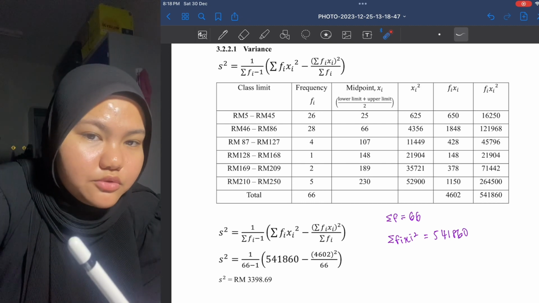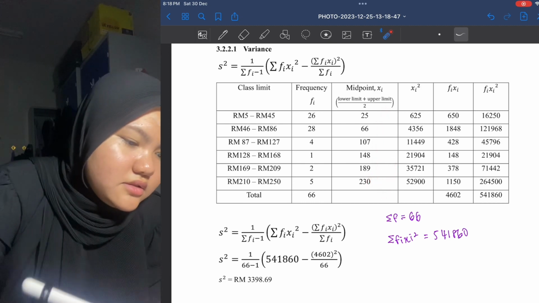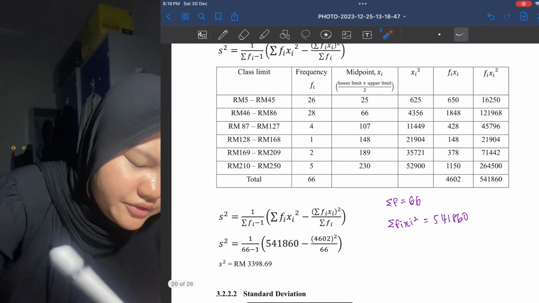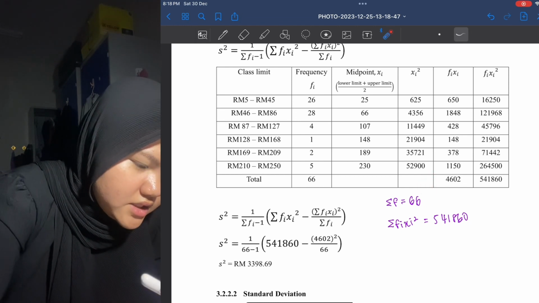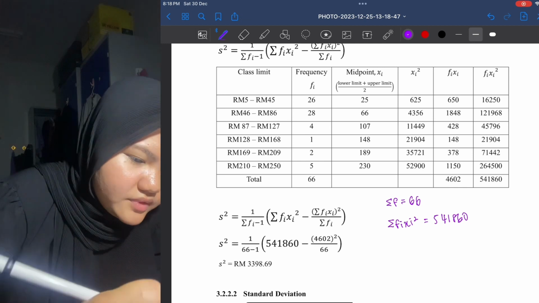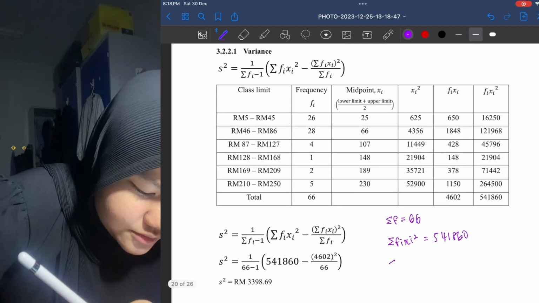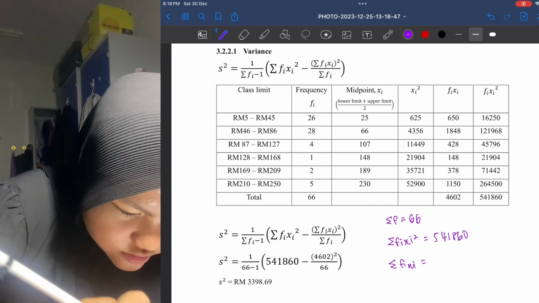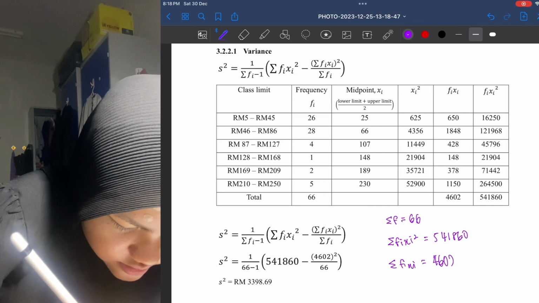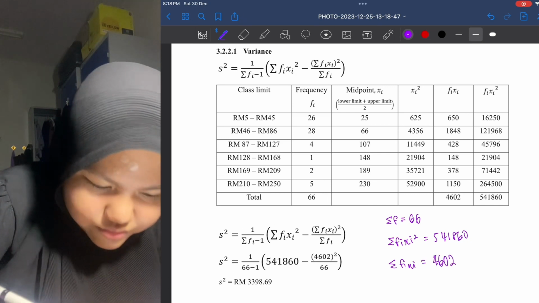You continue for the next classes, and you will get the sum of the values, which is 4,602. So we already know that total frequency multiplied by midpoint is equal to 4,602.